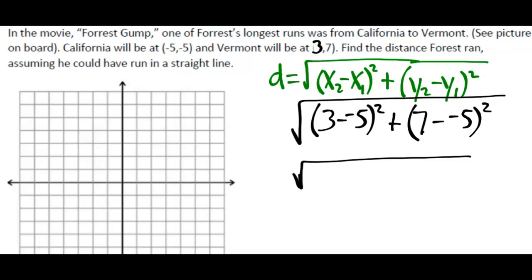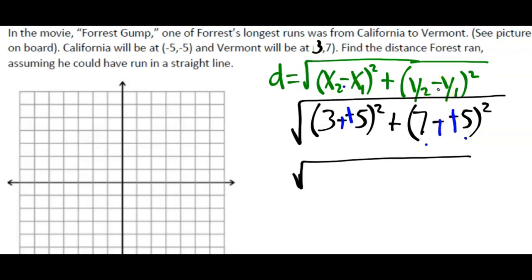So, my x1's 3. My y1's -5. My x2 is 3, my x1 is -5. So, minus a -5, I've got to do my plus, right? Then my y values, I've got 7 and -5. I've got to do my plus again because my formula for distance has a subtraction here.